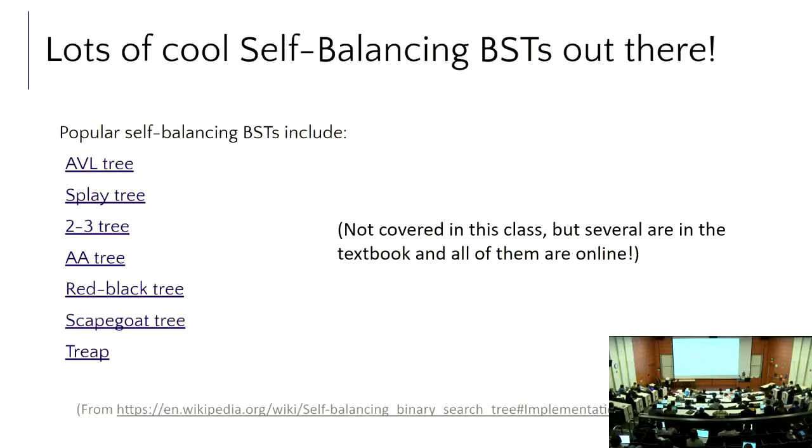If you're wondering which ones are popular, the red-black tree is one that sometimes is talked about in other iterations. Of course, it was in my iteration, and the splay tree comes up. I will fully admit I hadn't even heard of the scapegoat tree. I don't know what that is, but I stole this from Lillian, as you can see here. So feel free to dive deep on these for funsies.